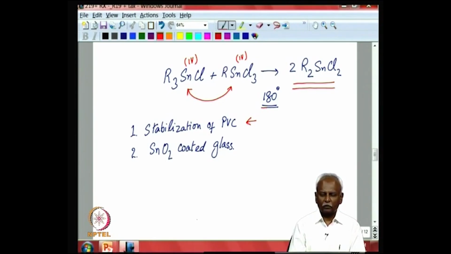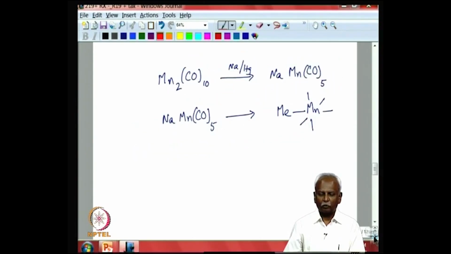R2SnCl2 is also used for the formation of SnO2 on glass, and tin oxide coated glass is a special glass which is very important in the industry as well. So, R2SnCl2 and R2Sn are molecules which are reasonably accessible and fairly important in the literature.